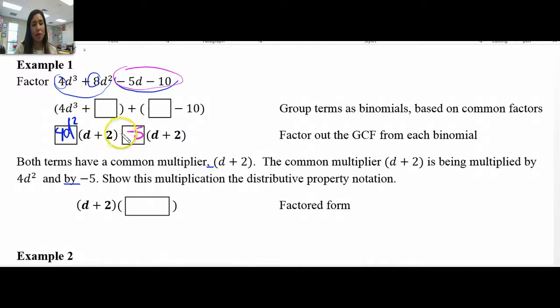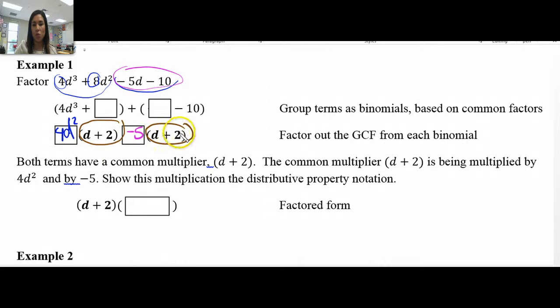So now that I've factored, my goal here is to get things in parentheses that are the same. Just like when we were factoring in that other video, where we had ax squared plus bx plus c, once we found the two factors and we grouped and took out the greatest common factor from both, we wanted to have something left that was the same for both.